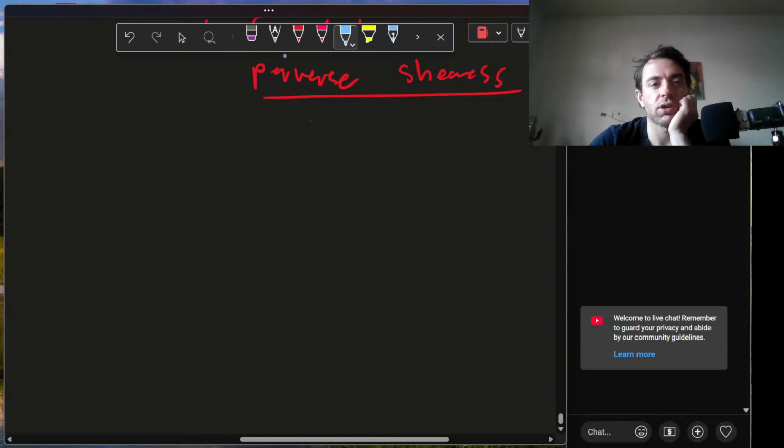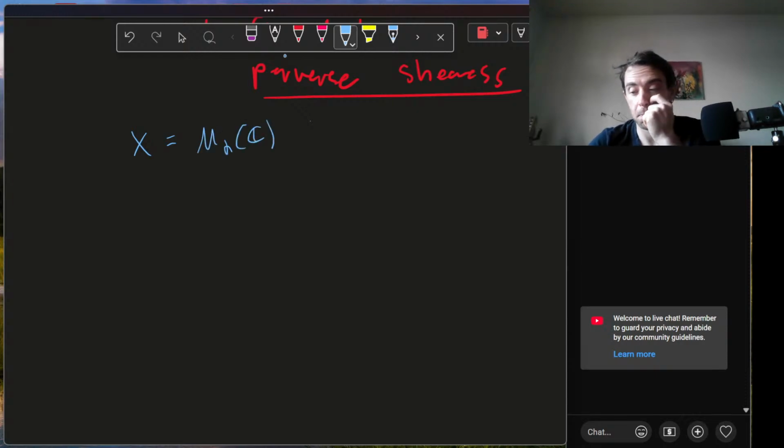So here's our situation. The variety that we're dealing with is going to be just 2x2 complex matrices, and we're going to take a stratification.